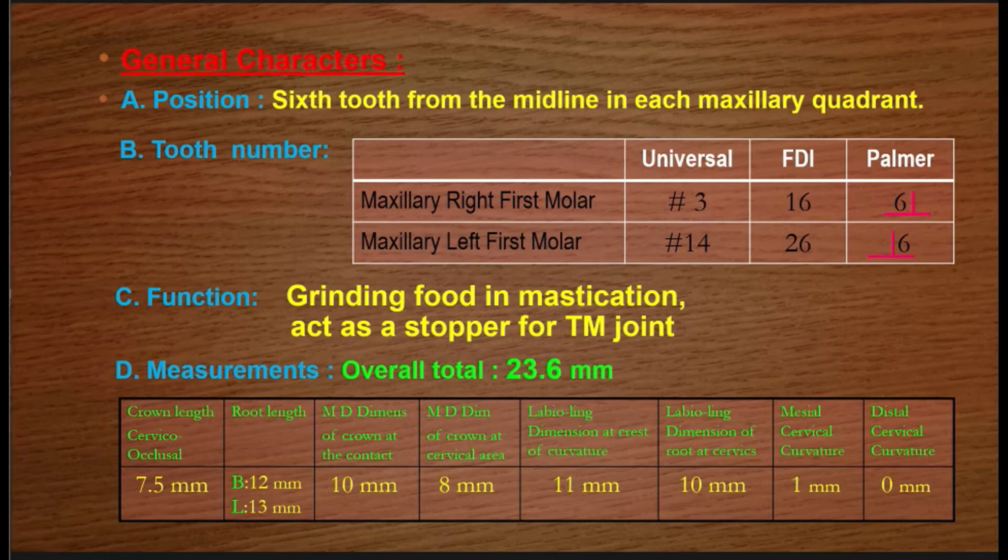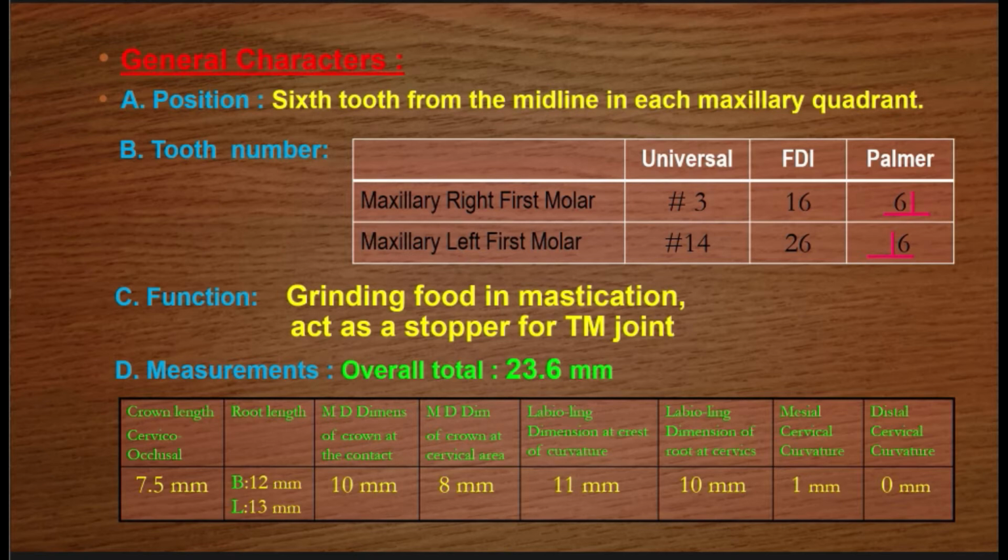But sometimes patients who have lost all the molars, 6 and 6, 12 molars, or most of the molars due to some reason, can understand that even if at least six teeth are lost, the TM joint is not at rest because the teeth are not helping to rest the TM joint.